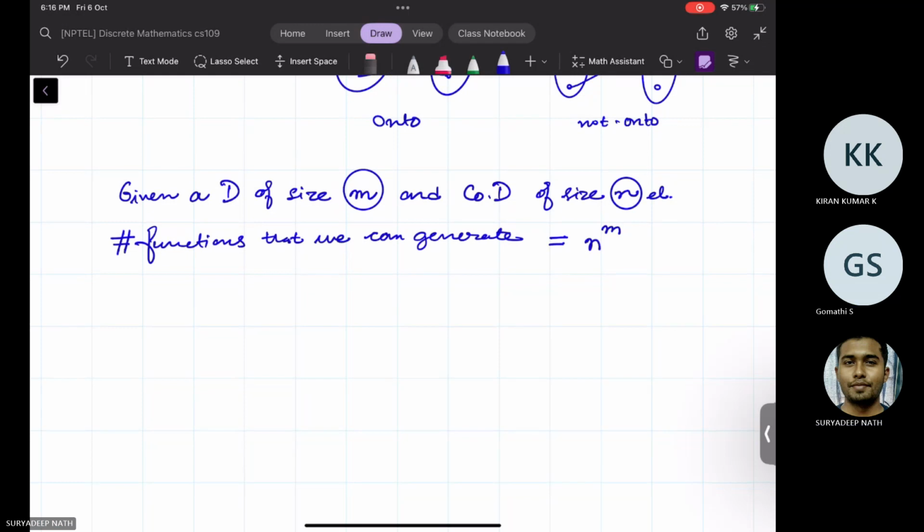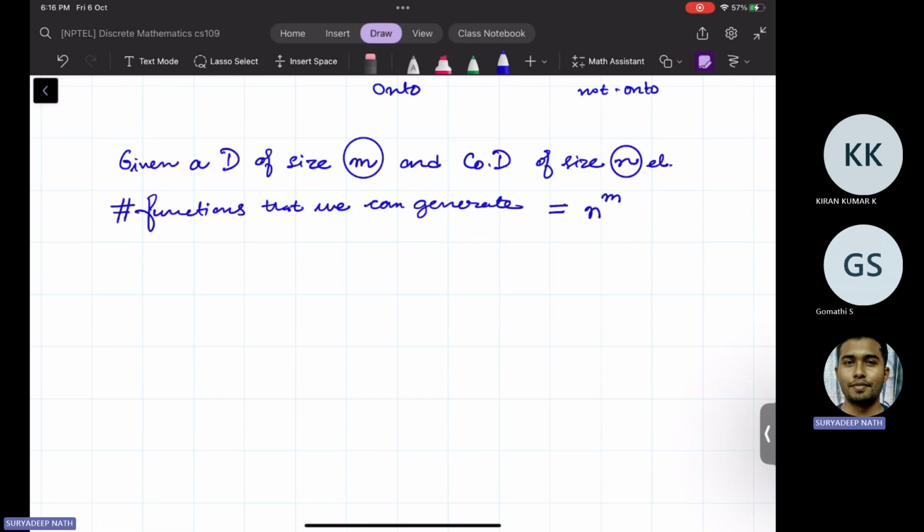Sorry, sis. Yeah, so I'll briefly tell you how this comes, if anyone has a doubt. You take the domain set, you have m elements and each has an image, because they are in the domain.